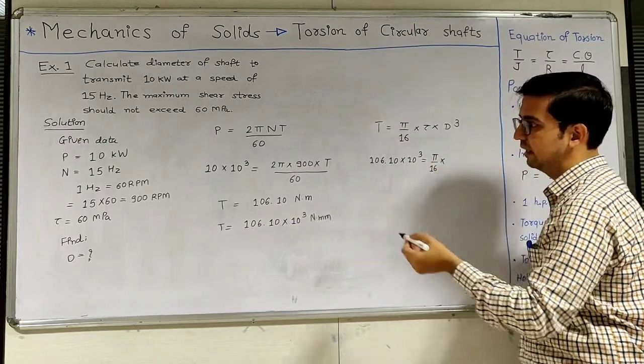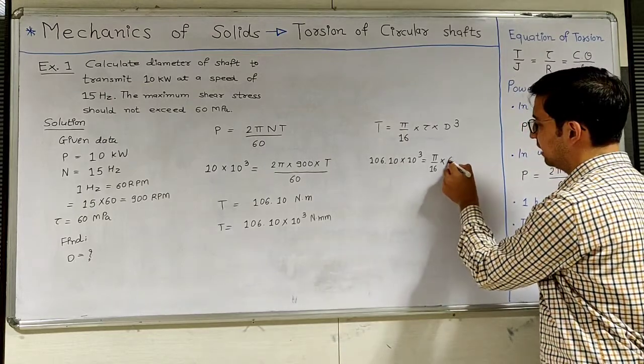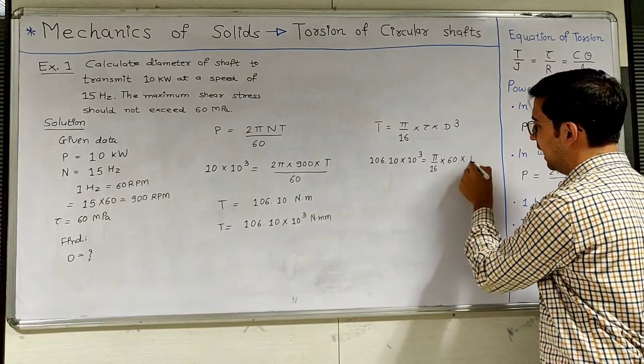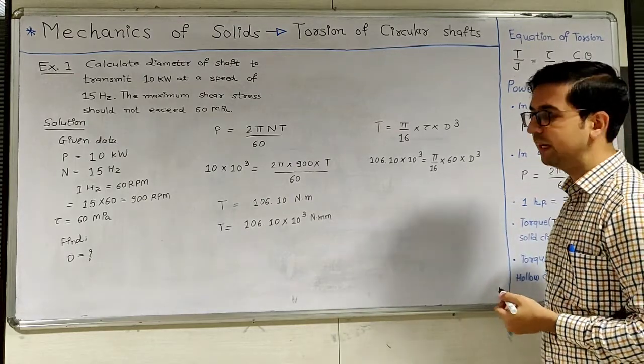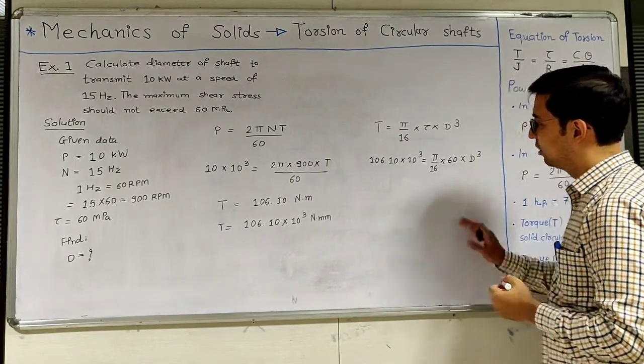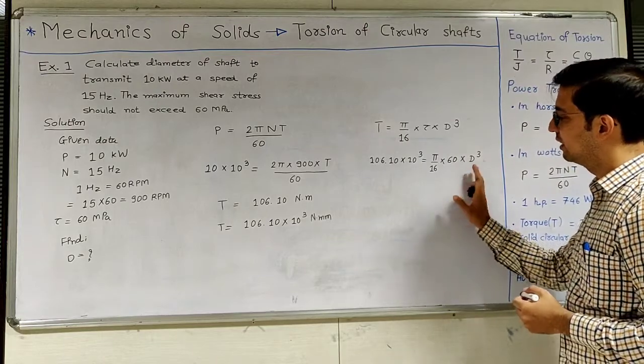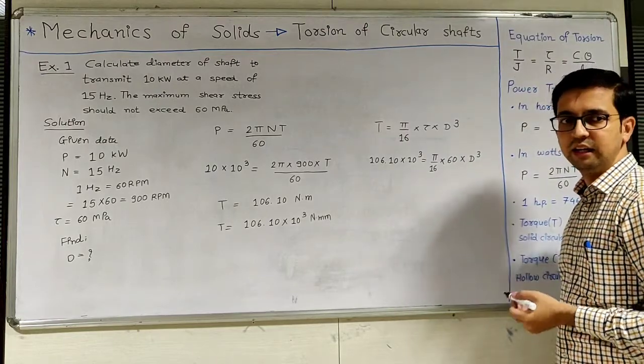Shear stress generated is given as 60 megapascal, and d cube is the required parameter of this example. So in this equation, the only unknown is d.